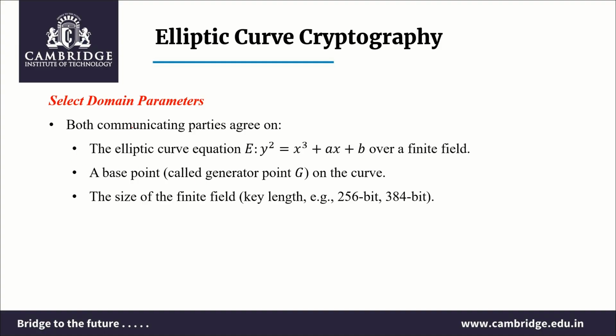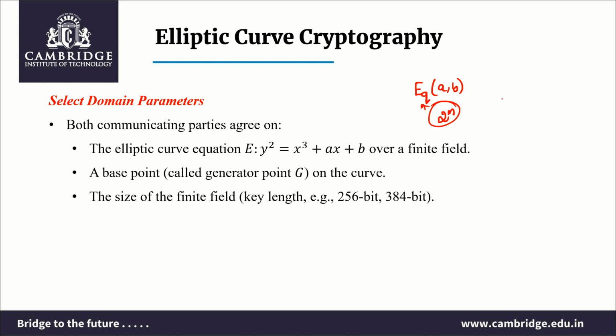Selecting the domain parameters. You know that we have selected the elliptic curve using the parameters a, b, and q, where q is a prime number, right? Or it is any number which is of the order 2 power m. This is what q is. If it is not a prime number, it should be of this order.